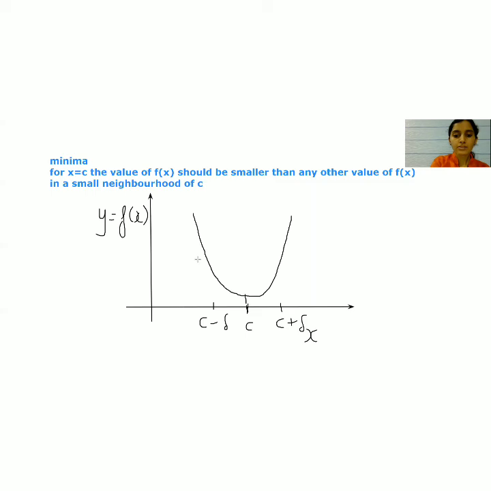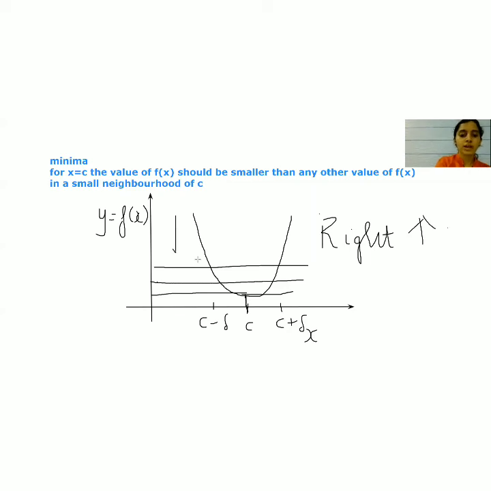At c, it goes to its minimum value. After that, if you observe, if you plot, what will you see? You will have the values on the right side increasing, right? Over here, we have increasing values. And here we can say we have decreasing values, exactly opposite to what we saw in maxima, right?